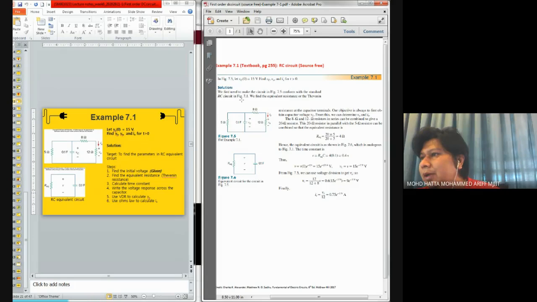If you look at here, the first thing is we need to make circuit 7.5 conform with the standard RC circuit, which means we need to come up with this kind of circuit arrangement.